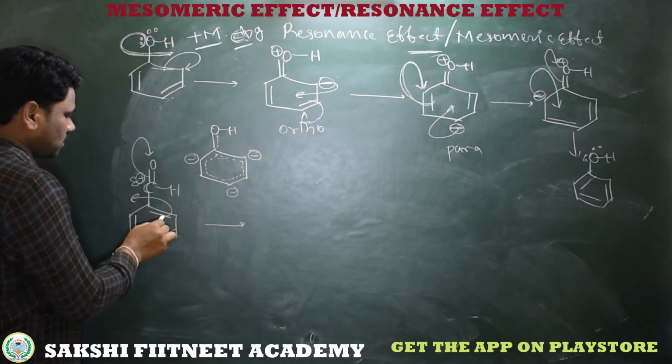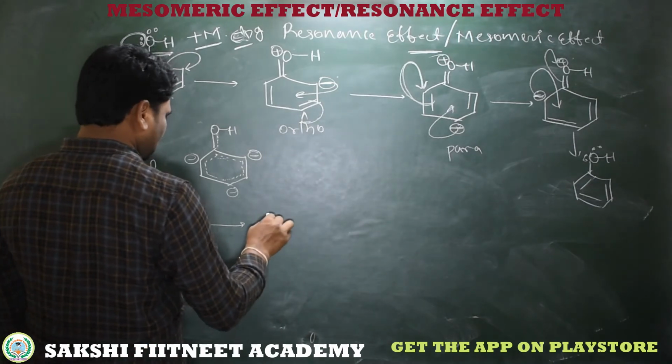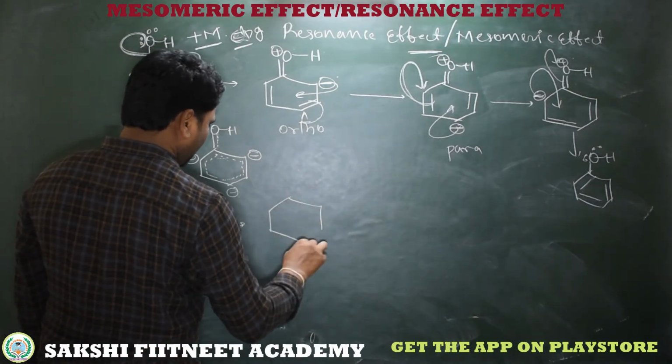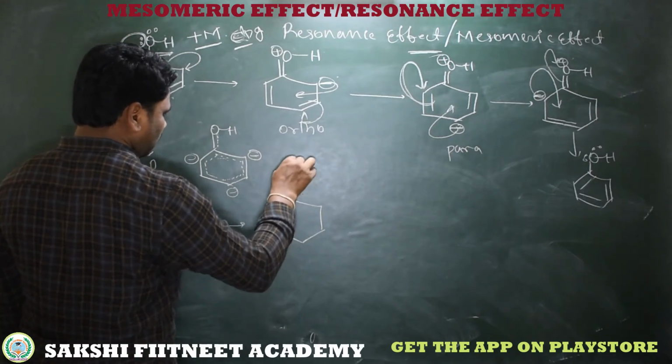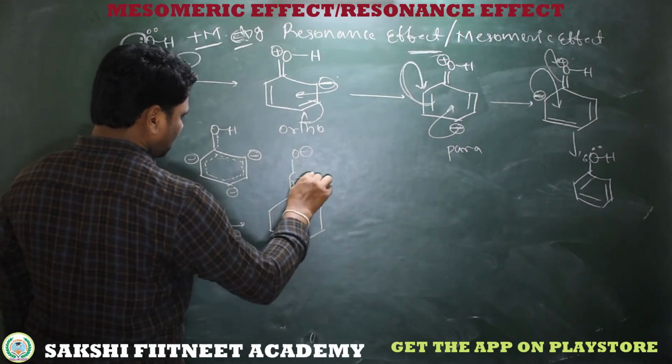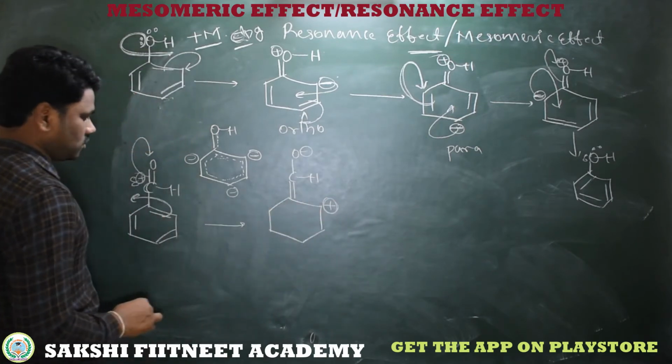This positive charge is neutralized by this resonance. Now we get the next resonating structure with a carbon to carbon double bond, and here we get a negative charge, with hydrogen. See, here at the ortho place we are getting a positive charge.